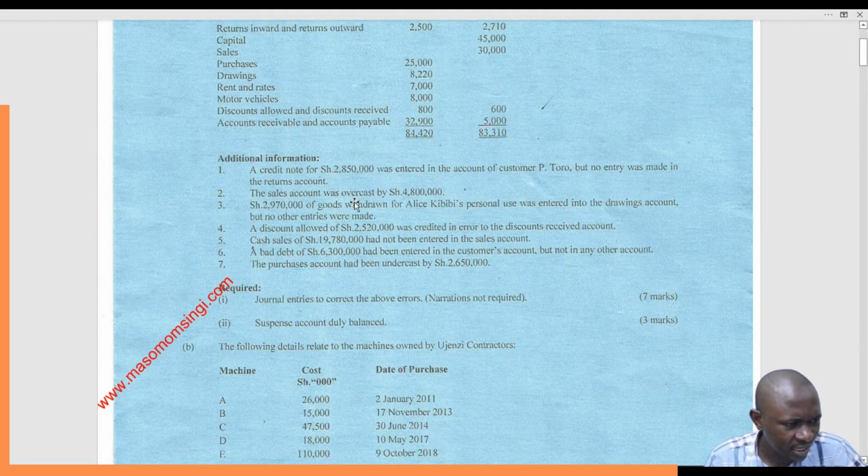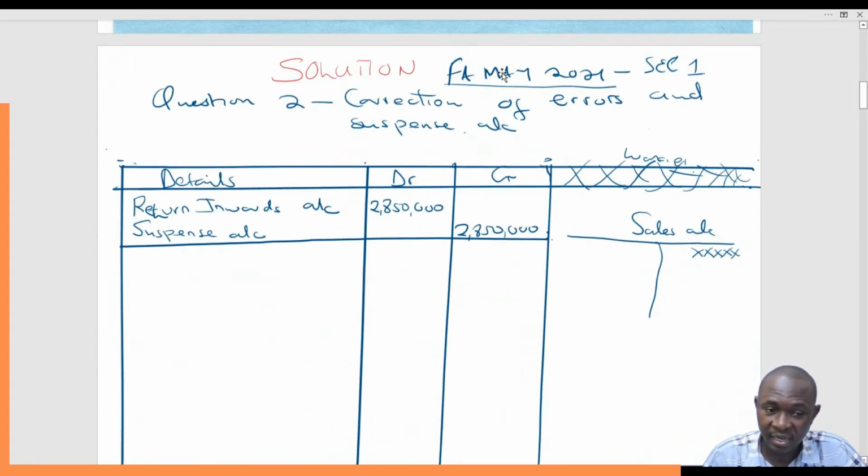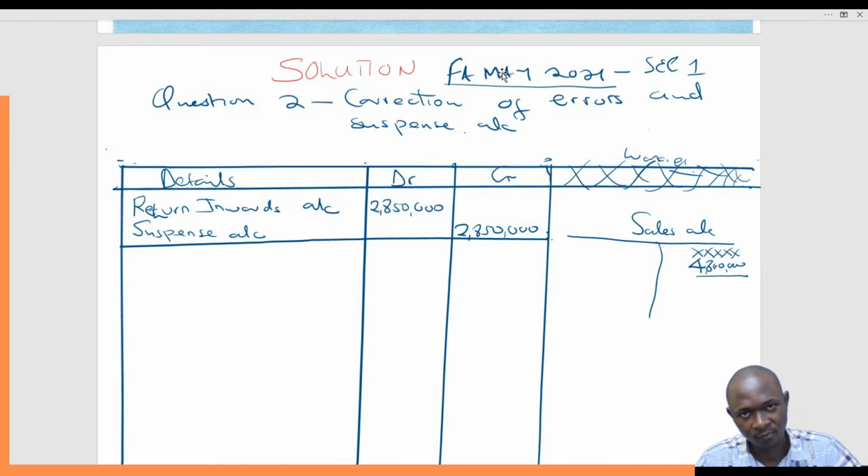So the sales account was overcast by 4.8 million, meaning that we actually captured 4.8 million above what we were supposed to capture. So it means the credit side has 4.8 million extra to what was actually supposed to be the case. So what are we supposed to do?